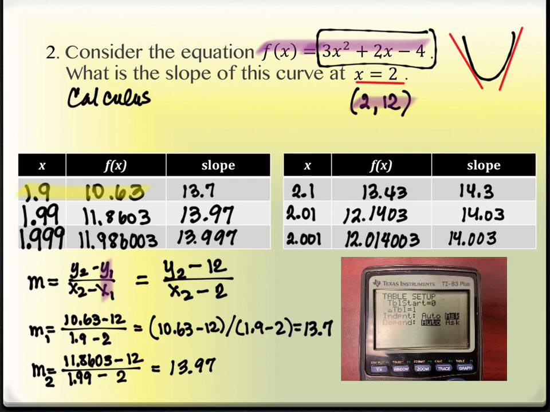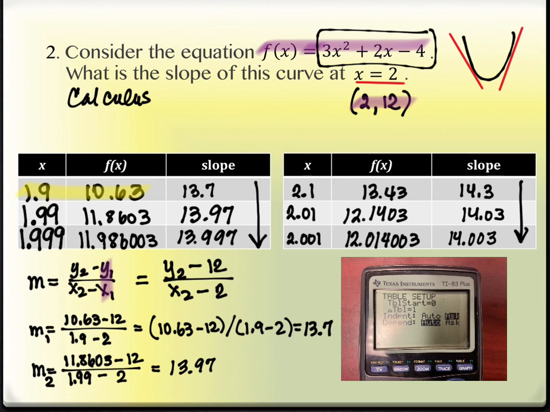What we're doing in terms of answering the question, though, is we're taking a look at what happens as we go down the table. And the reason I'm saying down the table is because as I move down the table, the x values get close to 2, right? I get closer and closer to x equal to 2 as I move down each of these 2 tables.